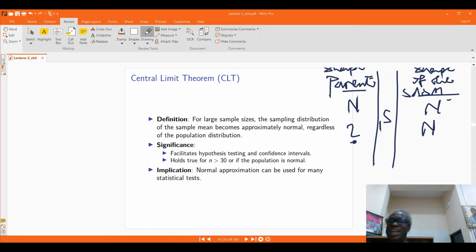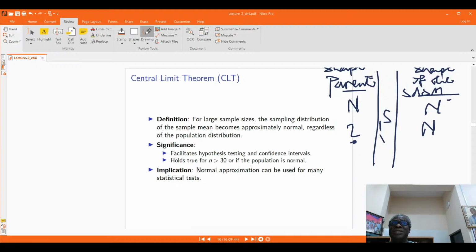The sample size must be large. So the question usually is, how large is large? In statistics, a sample size above 30 is considered to be large. So this theorem will hold if the sample size is greater than 30.